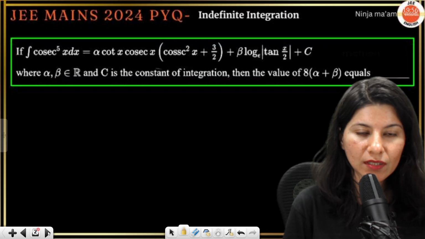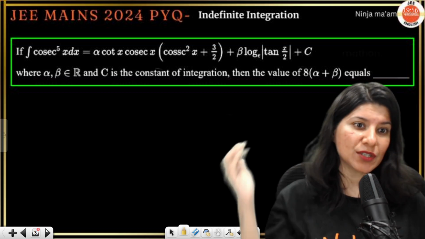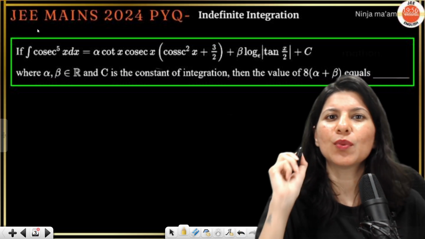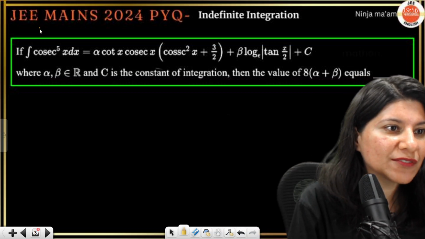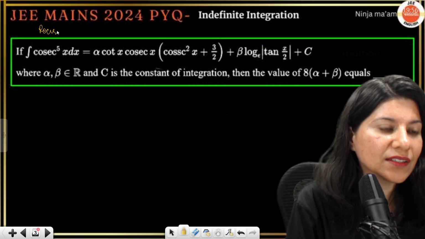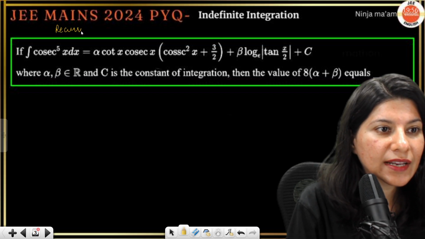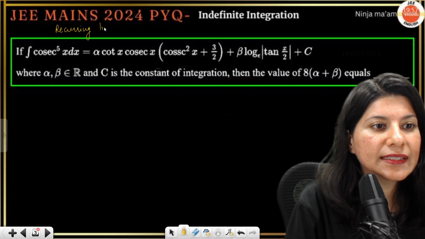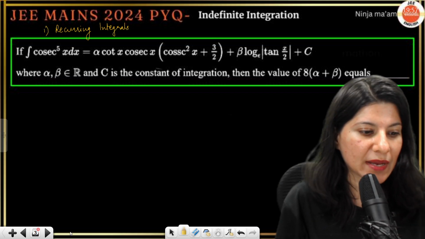Let us start with the very first question. I will tag all 5 questions. This question is from the topic recurring integrals. This is a little bit lengthier question. Topic name I will write.